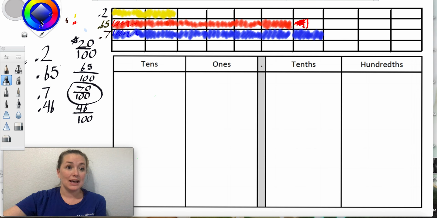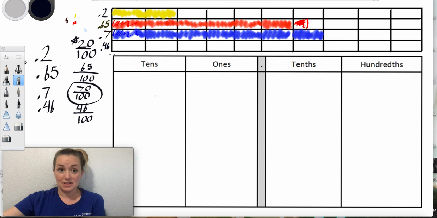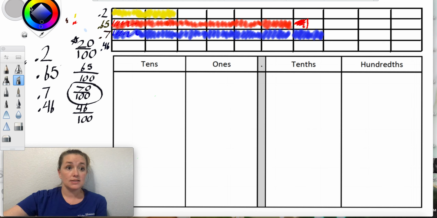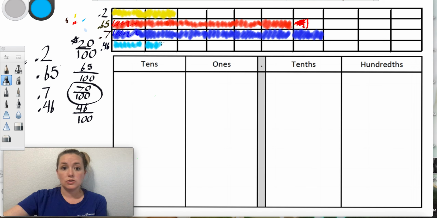Next, let's do our last number, which is 46 hundredths. Again, same process where all I have to do is shade in, first off, 4 tenths. So I have 1 tenth, 2 tenths, 3 tenths, 4 tenths. And then I'm not done there because I've got my 6 hundredths.